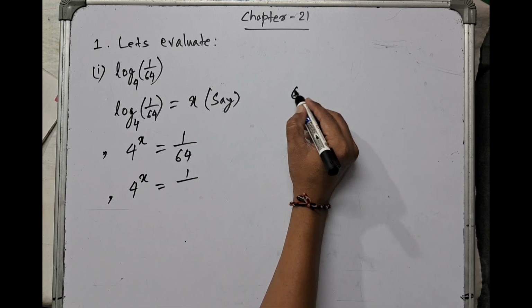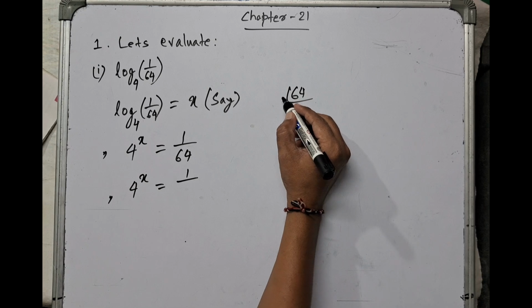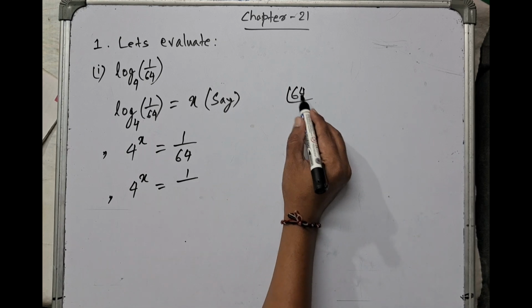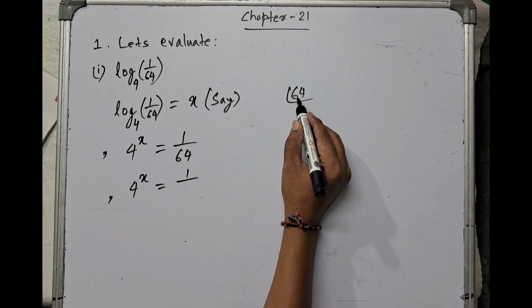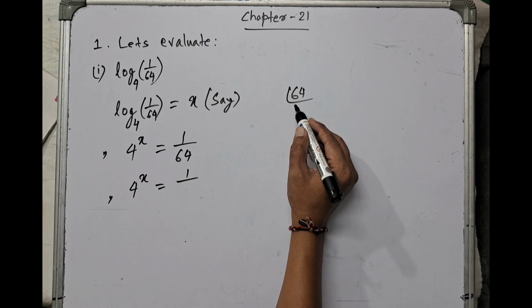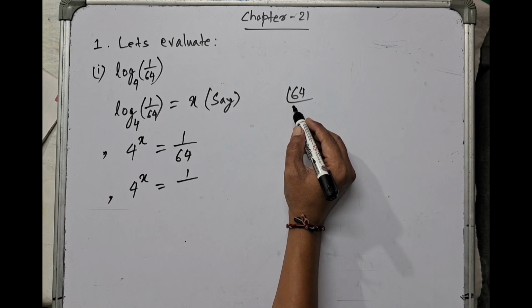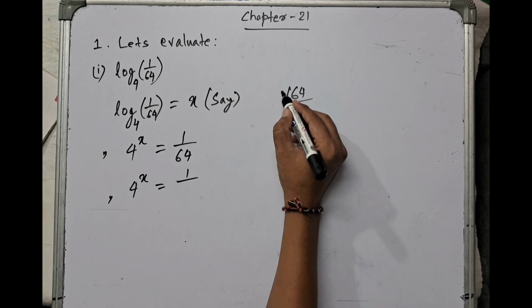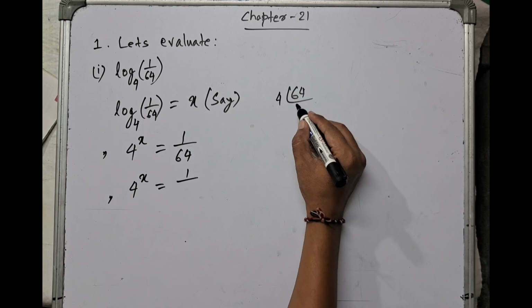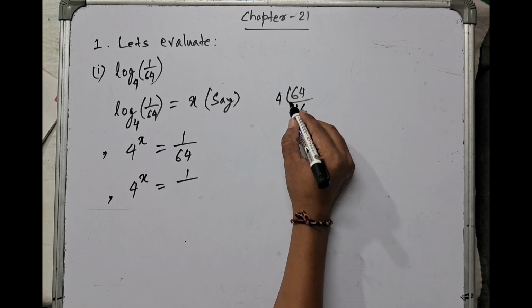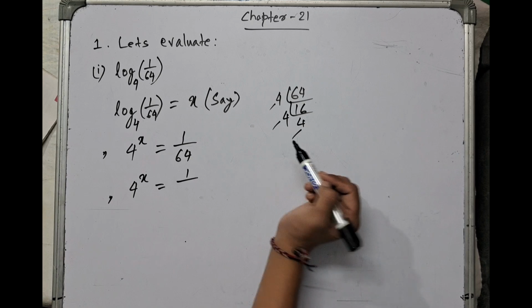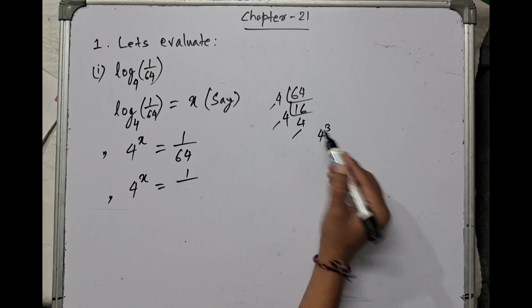Let's find the factors of 64 in terms of 4. We are trying to make the base equal, so I'm finding the factors of 64 in terms of 4. 4 ones are 4, 4 twos are 8, 4 sixes are 24, 4 fours are 16. 4 multiplied 3 times gives us 64, that is 4 cube, isn't it?